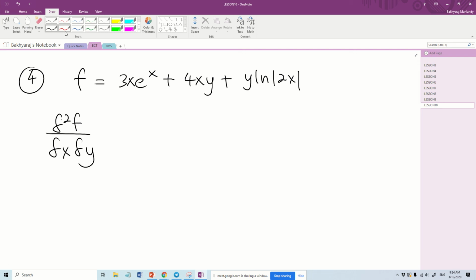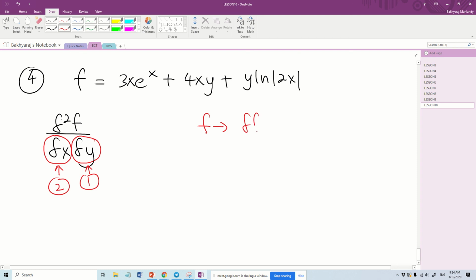So what we can understand from this question, we need to differentiate delta y first, then delta x. So function f, we need to go for delta y, from there we bring it to delta x delta y.